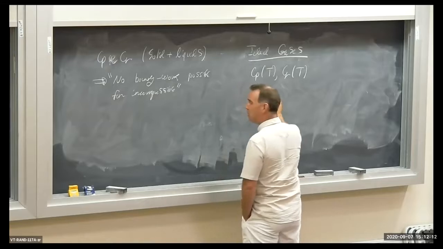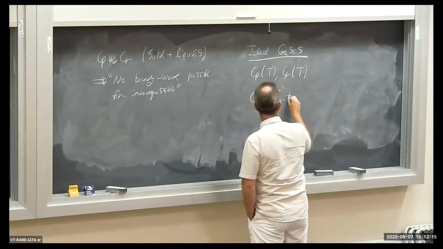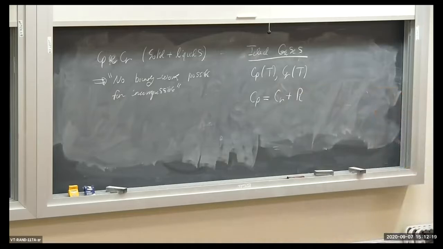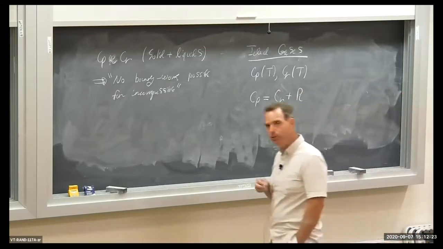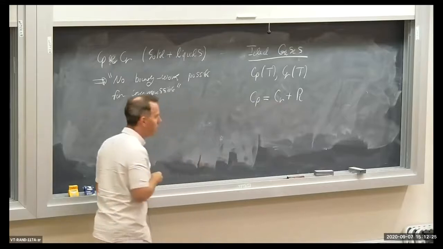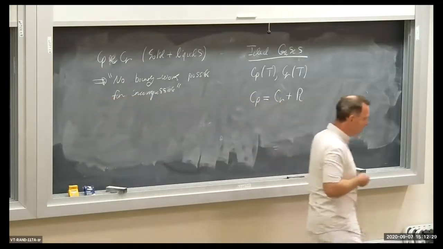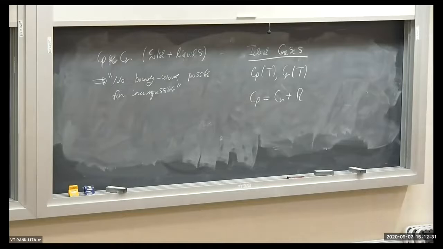Cp is equal to Cv plus the gas constant R. So the difference between Cp and Cv is the gas constant R. Just accept this for the moment and I will prove it later.